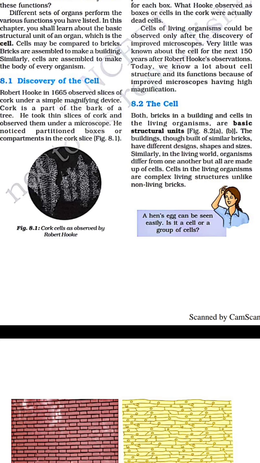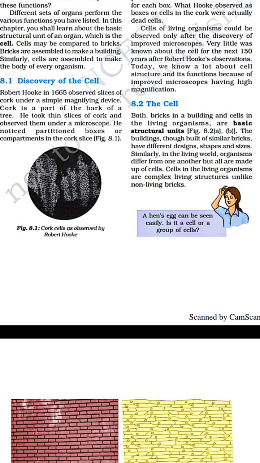We compared the cell with the brick, but it is not as simple as the brick. By seeing the brick structure, we can say how the bricks are attached to each other, but the cell structure of a living organism is more complex than that.